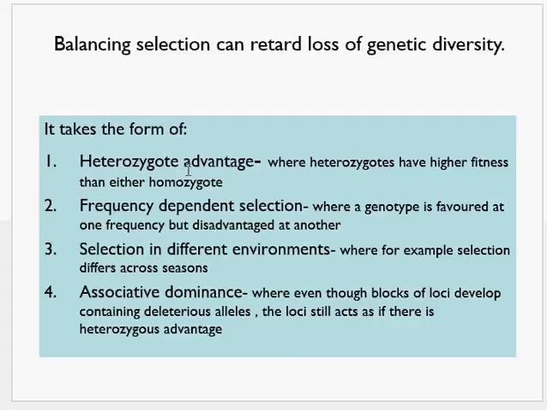Frequency-dependent selection. When a genotype is favored at one frequency but disadvantaged at another. Okay, so if a genotype, when it is very common, tends to be more preyed upon, the population of that genotype tends to be reduced, but the other genotype, which is at a lower frequency, is preyed upon less.